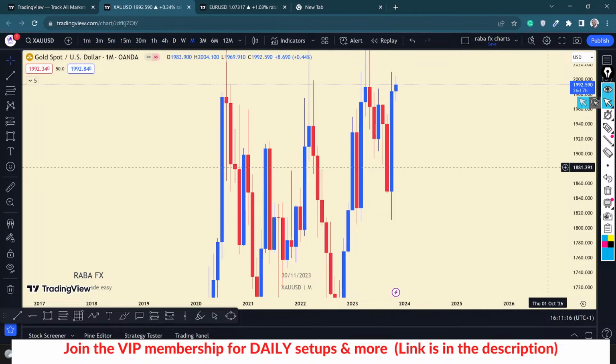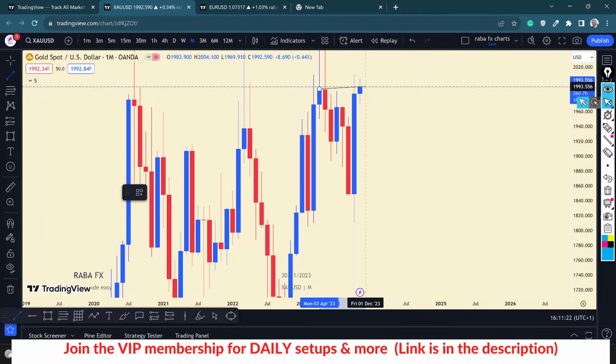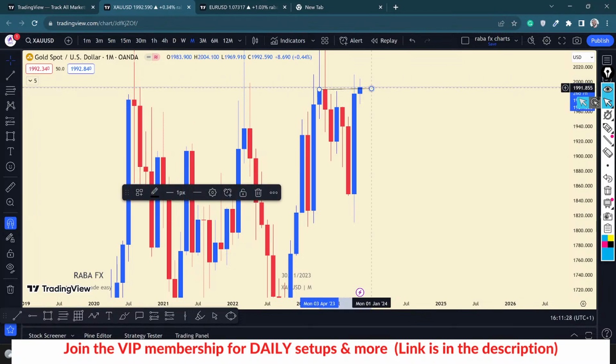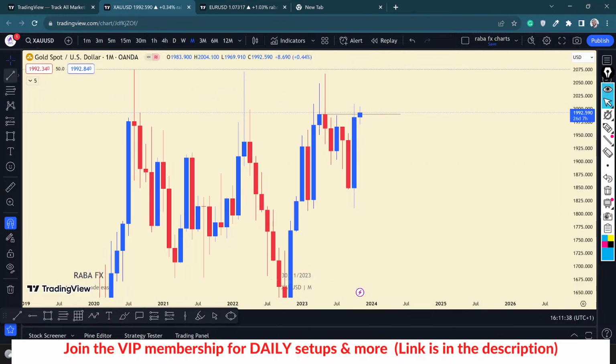But at the same time, we are day traders, so we have to look at our chart. Now from our chart here, we see that last month we rejected all this, but price on the monthly is bullish.